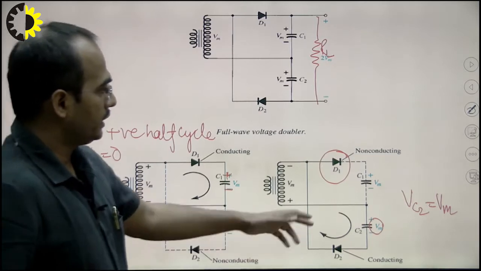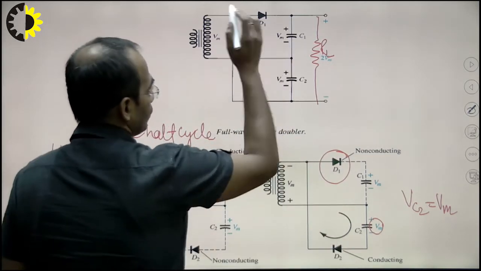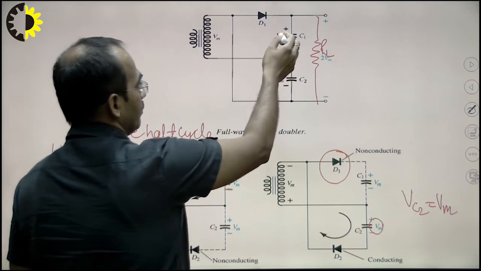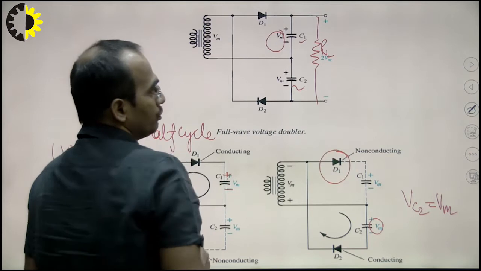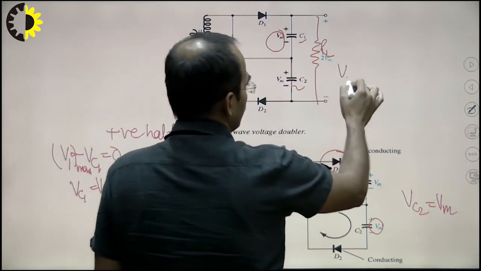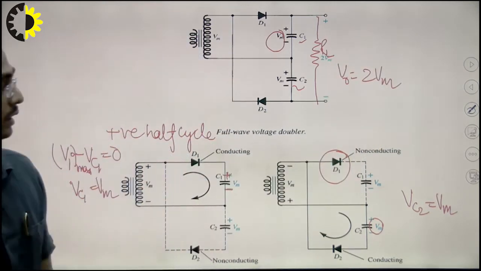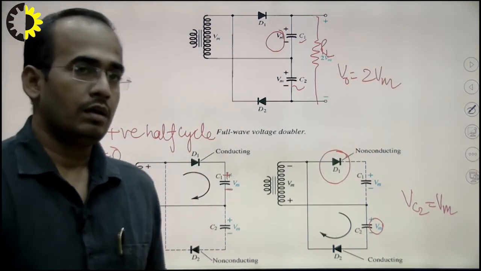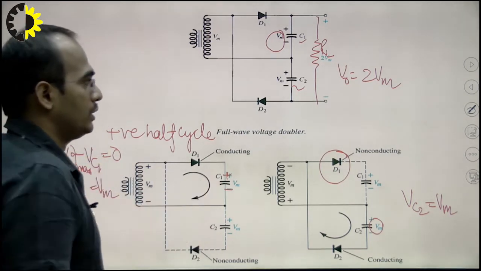These two capacitors are connected in series, so you can check that this capacitor is charged up to Vm, or you can say Vc1 is equal to Vm and Vc2 is equal to Vm. So what will be the value across this load resistance? This value will be equal to twice of Vm. In this way, this full wave voltage doubler is giving the output of twice of Vm.